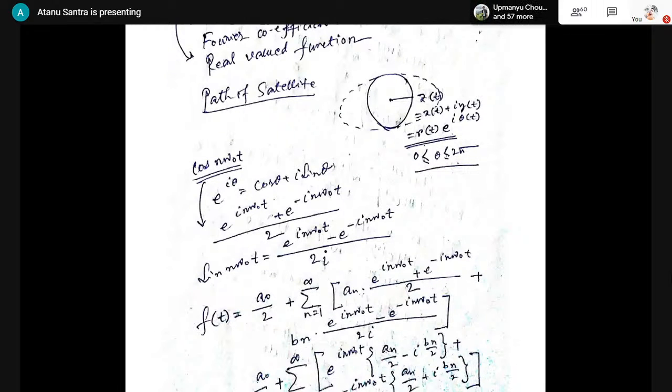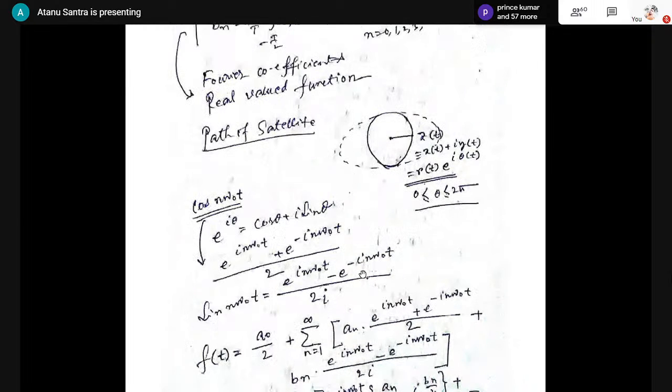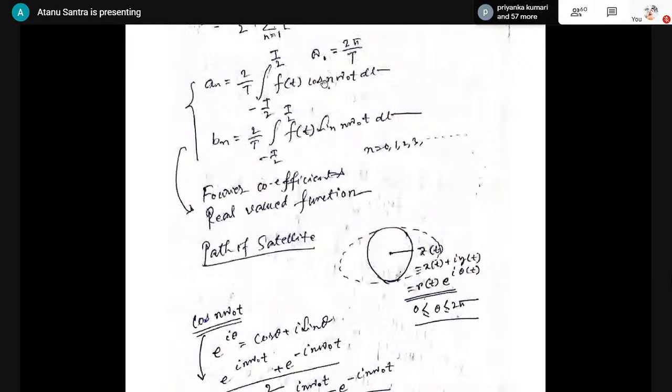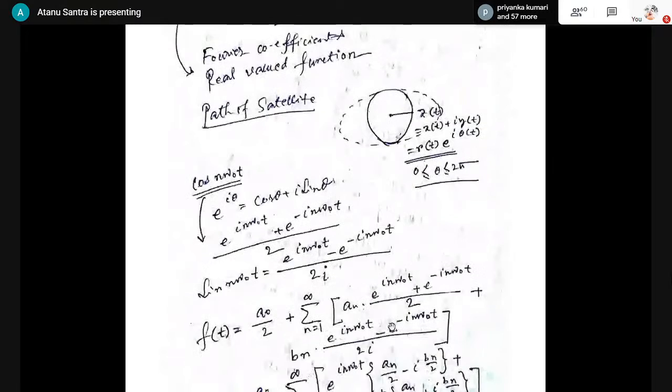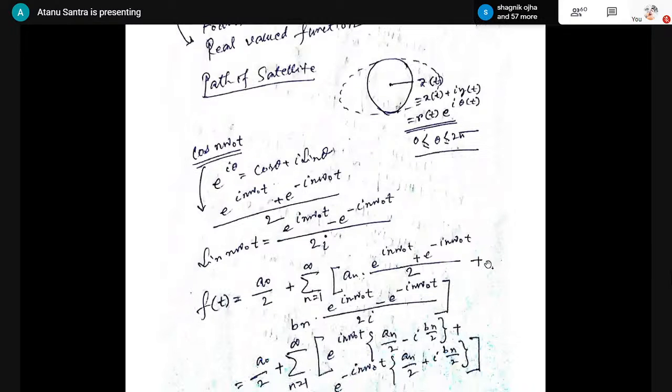Now the Fourier series expression was f(t) is equal to a0 by 2 plus summation n is equal to 1 to infinity an. If we substitute the cosine n omega 0 t by this expression, e to the power i n omega 0 t plus e to the minus i n omega 0 t by 2, plus bn into this expression.